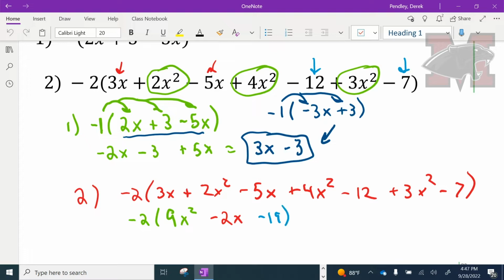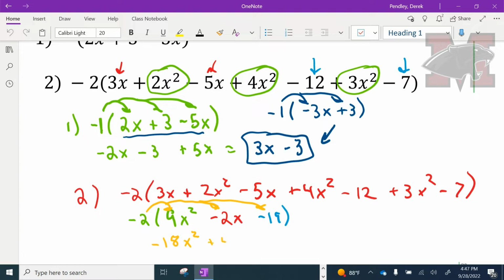So now what I need to do is distribute this negative 2 in. And so I have negative 2 times 9x squared gives me negative 18x squared. Negative 2 times negative 2x is positive 4x.